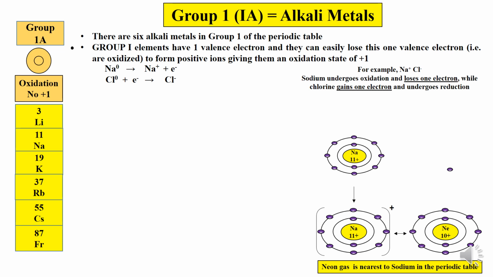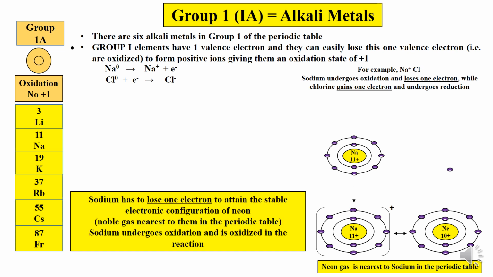That is to attain the stable electronic configuration, similar to that of the noble gas that is nearest to them. So sodium has to lose one electron to attain the stable electronic configuration of neon. Reason being, neon is the noble gas nearest to them in the periodic table. And in this reaction, sodium undergoes oxidation and is oxidized.